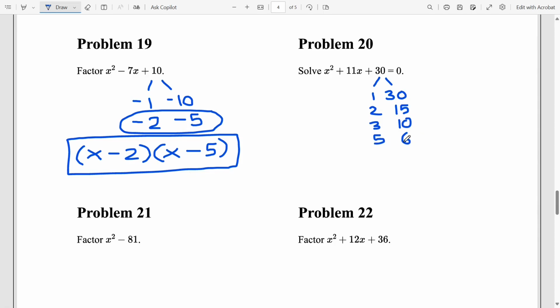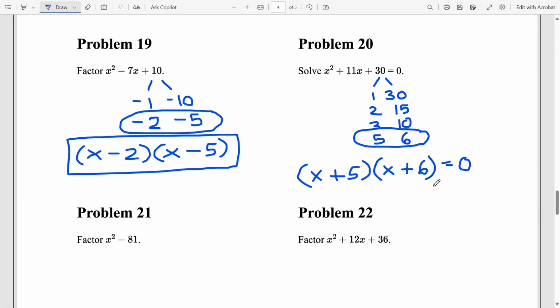Now 5 plus 6 adds to 11. That's the pair of factors I want. So I'm going to write this in factored form as x plus 5 times x plus 6, and that equals 0.